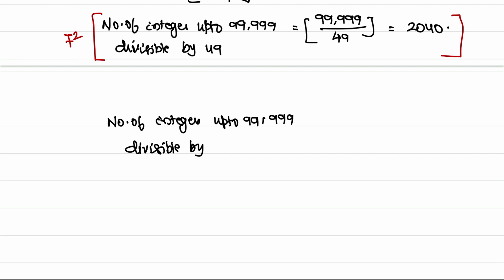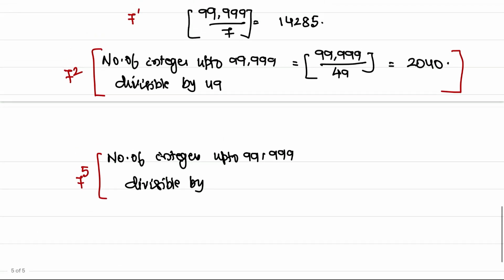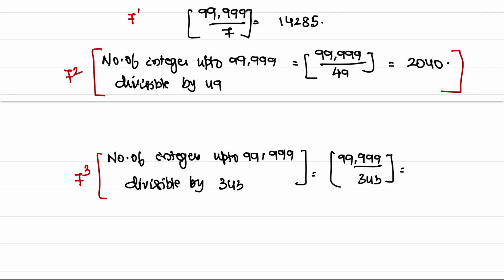In just 2 minutes, let me calculate up to 7 to the power of 5, everything, even and odd also. For 7 to the power of 3, bear with me, divisible by 343 is equal to the greatest integer of 99,999 by 343, that is equal to 291.